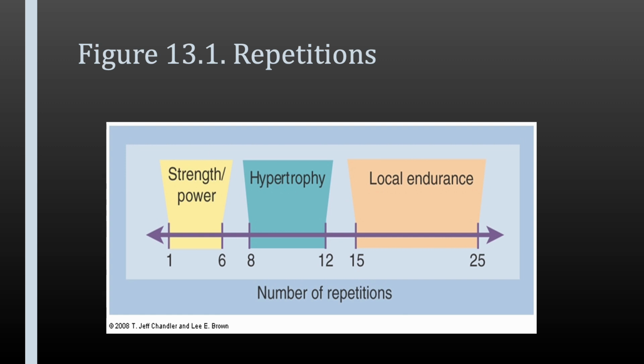For power and strength, we have 1 to 6 repetitions. We go from 6 to roughly about 12 for hypertrophy if the goal was to increase in muscle size. And if your goal is muscular endurance, now this chart says 15 to 25, but a good rule of thumb is roughly 12 to 15.